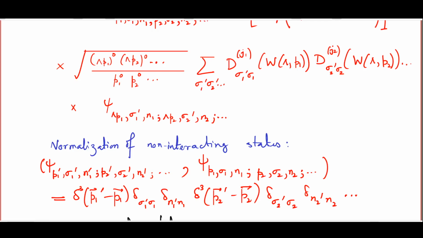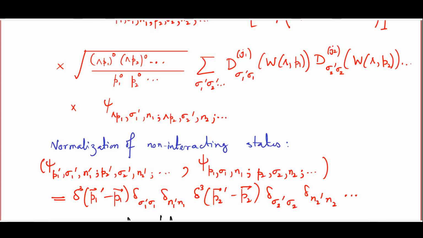Because states with different P1 eigenvalues are going to be orthogonal, you will get δ³(P1' minus P1) δ(σ1' σ1). Also, of course, the two particle species described here must be one and the same, which is why you have a δ(n1' n1).